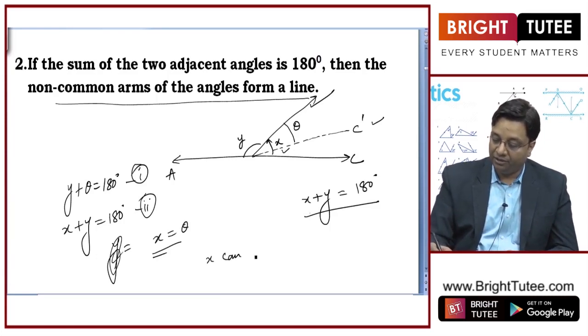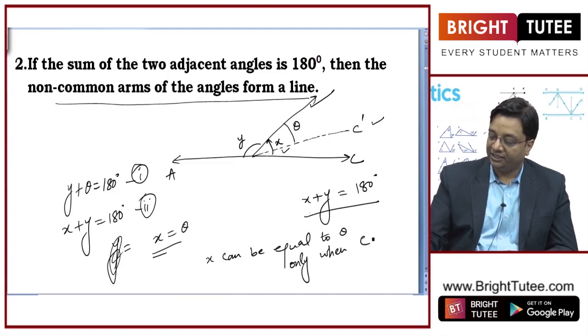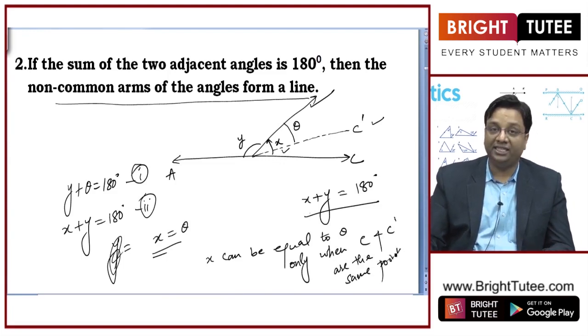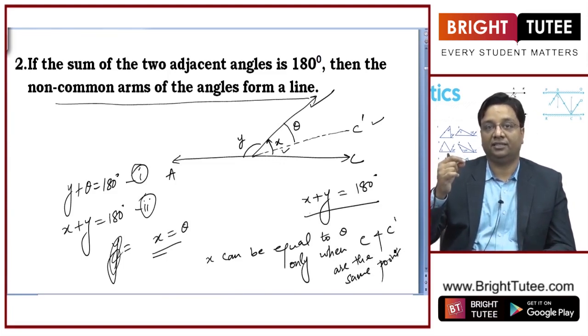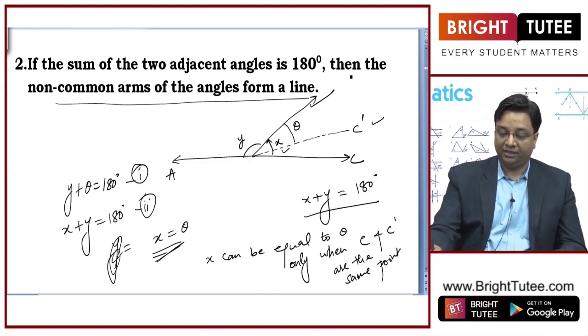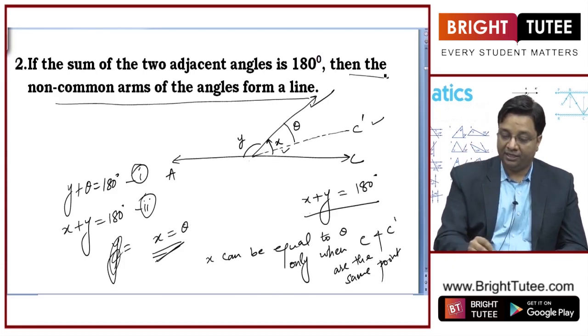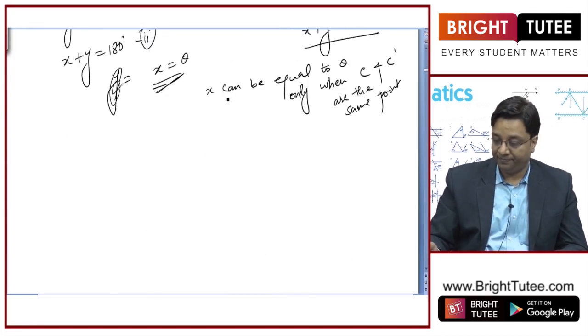X can be equal to theta only when C and C dash are the same points, or C and C dash coincide each other, they lie on each other. That means they are the same point. So by contradiction, we have proved that if the sum of adjacent angles is 180 degrees, the ray on which they are made is a straight line.